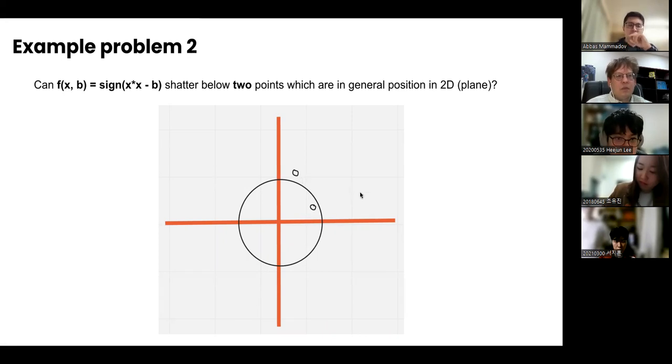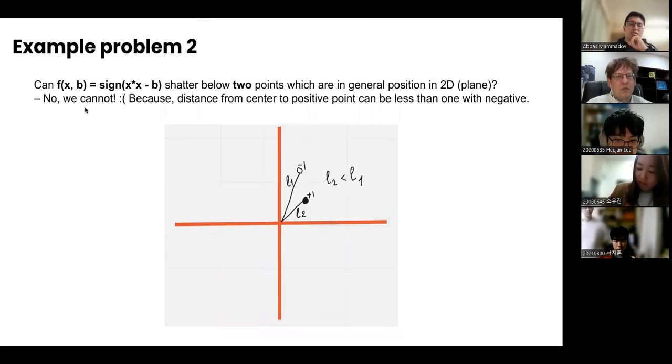Actually, it's impossible to classify 2 points in this case, as we can see, because the distance from the center, the origin, to the positive point can be less than the one to the negative point. As you can see, if L2 is less than L1, then the positive point is closer than the negative one, and it doesn't depend on how we draw the circle.